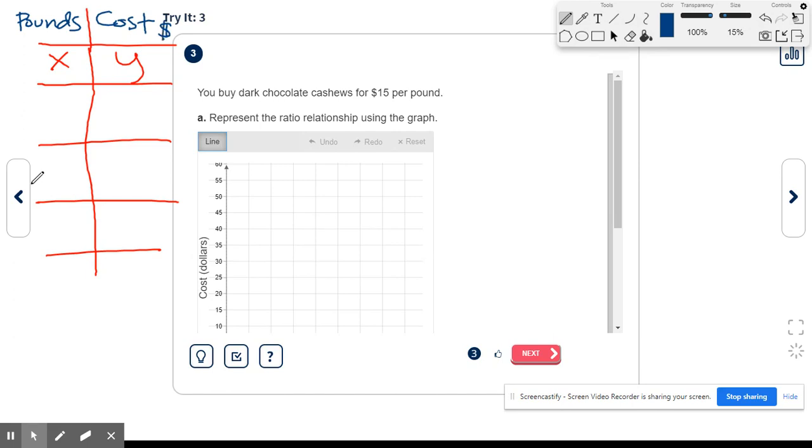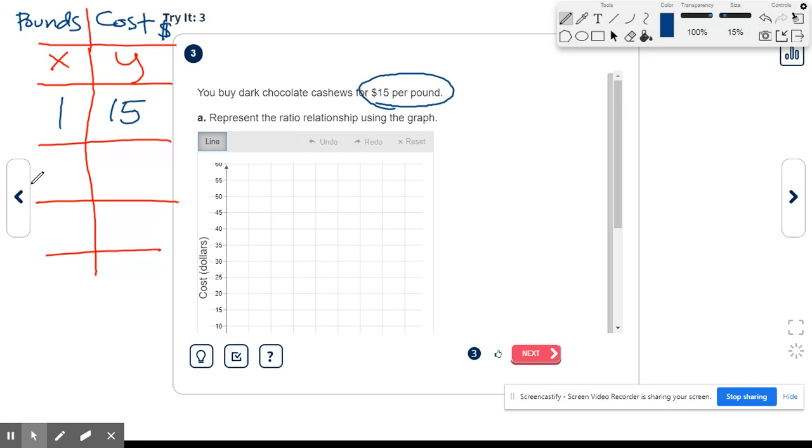Okay, and our ratio is $15 per pound. So we already know that under pounds, if you buy 1 pound, it costs you $15. Your x is usually your independent variable, and your y is your dependent variable. It means that the cost depends on the number of pounds you buy.